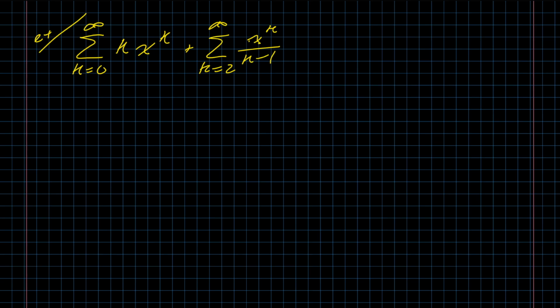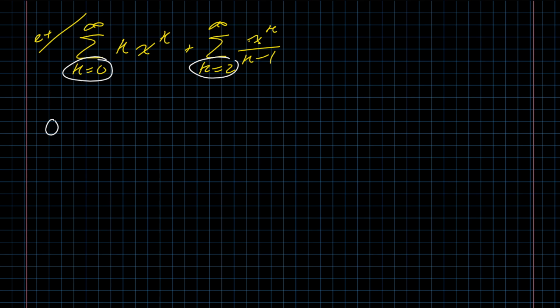But in this case, because the variable parts are the same, there's not really a change in variables that I can use. So instead, I'm going to look for the sum that has the smaller value of k, and I'm going to just start writing it out. If I plug in k equals 0, in this particular case, that's actually fairly boring.